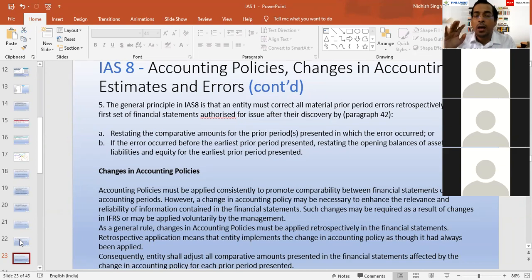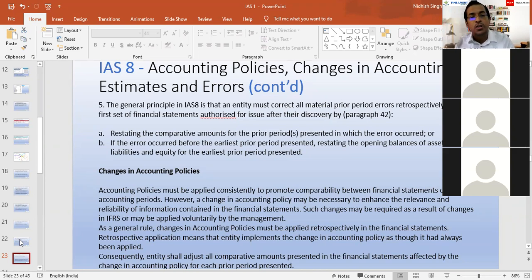Imagine in some situations, even auditors require you to have 3 years reported on the balance sheet. But even if you are reporting 3 years, the accounting policy that you have changed can impact the numbers for the last 5 years. What will you do? You cannot report all the 5 years.